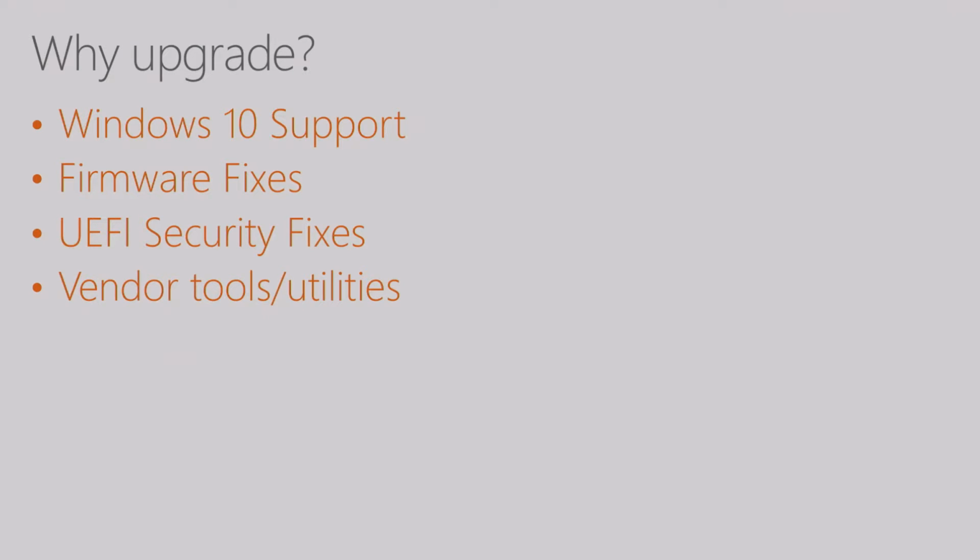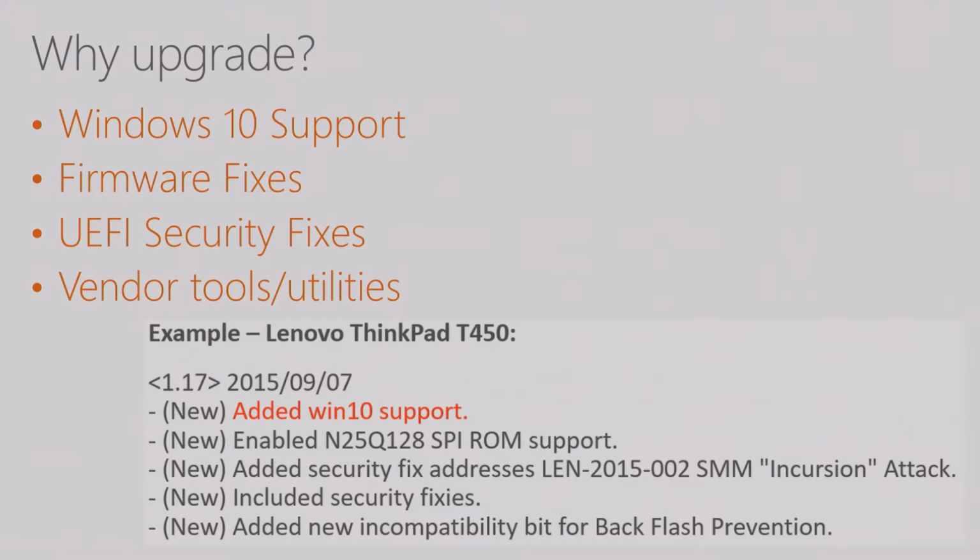When you're switching to Windows 10, there's good reason for doing so. First and foremost is you'll see something from the vendors. So this is an example. If you're bored again on a Friday night and you look through the BIOS release notes, you'll see in there where the vendor has added Windows 10 support.